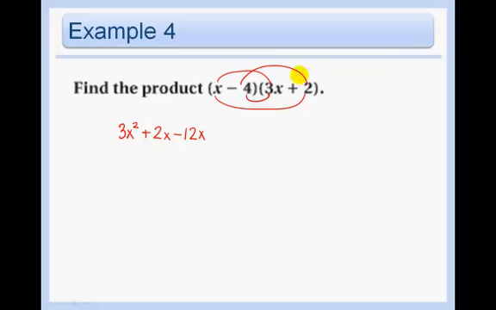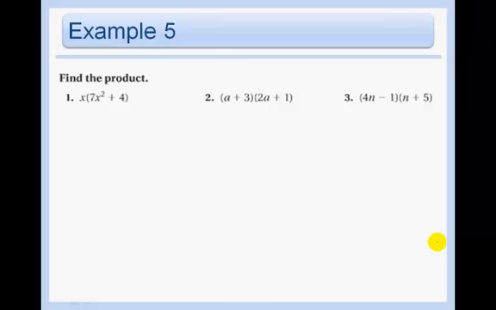And then my last says negative 4 times positive 2, which is negative 8. So the term has a sign that's in front of it. It's attached. So now I go and I combine like terms. So I have 3x squared plus 2 minus 12 is minus 10x minus 8. And I'm done.